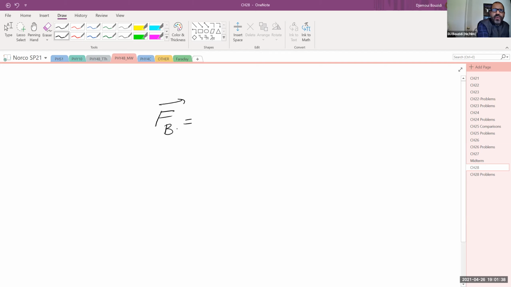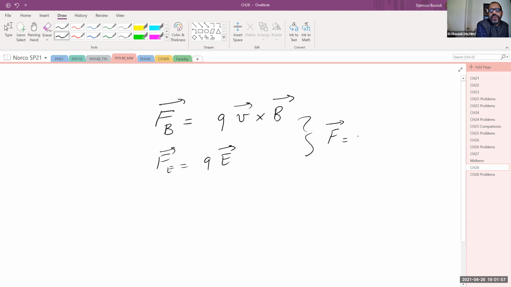The magnetic force on a charge moving inside the magnetic field is given by this expression, as opposed to the electrostatic force that was given by the expression Q times E. The combination of the two is the Lorentz force, which is basically how much a magnetic field and an electric field influence a point charge, Q.